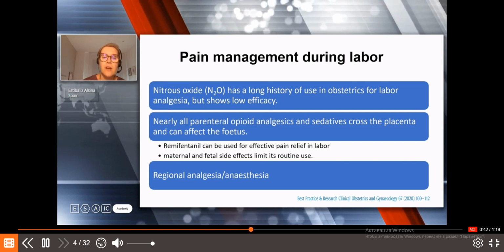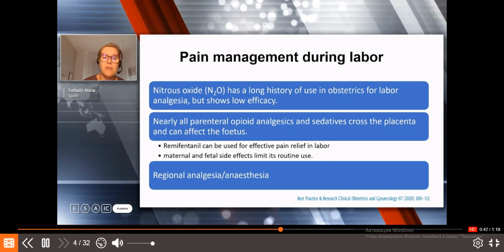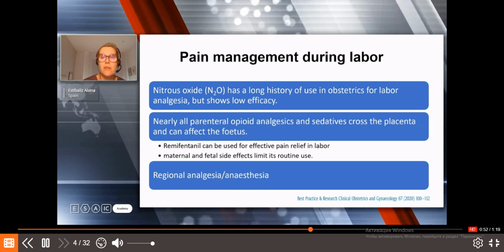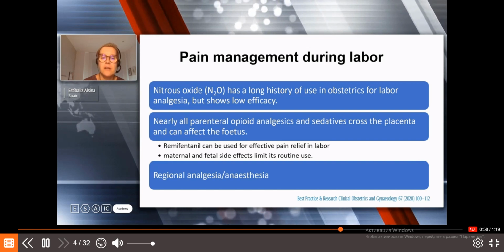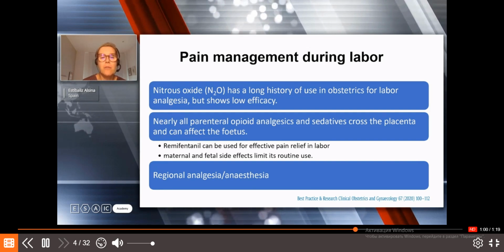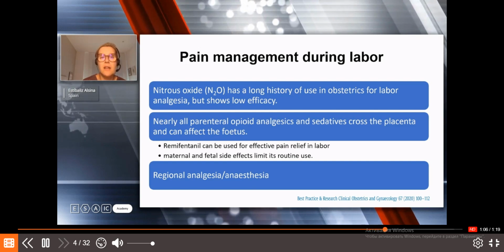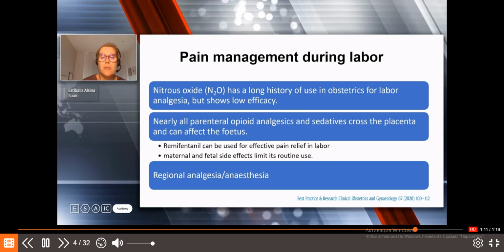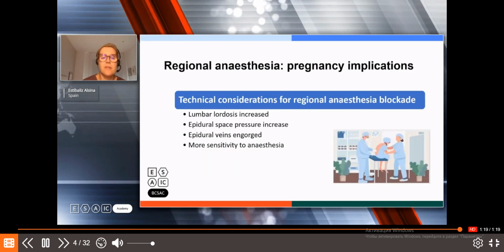So they are contraindicated. But remifentanil intravenous continuous infusion can be used for pain relief in those patients in whom regional anesthesia is contraindicated. The worst part is that there are side effects on the maternal and fetal side, and they need close monitoring by the midwives. So the most effective and most important technique to alleviate pain is regional anesthesia.